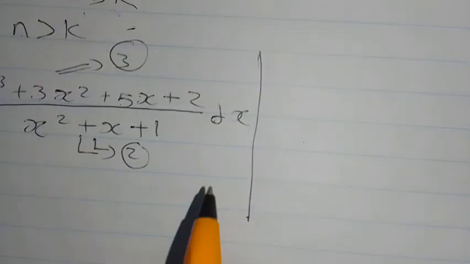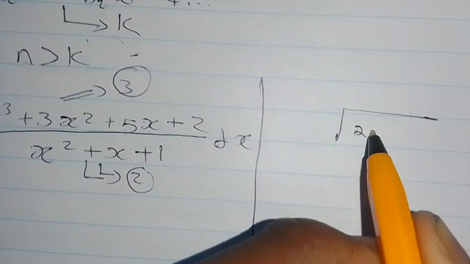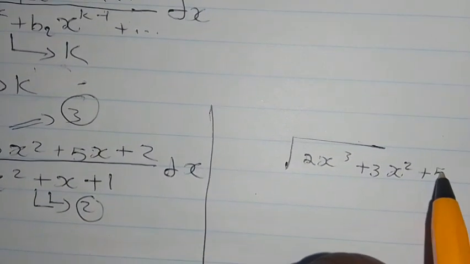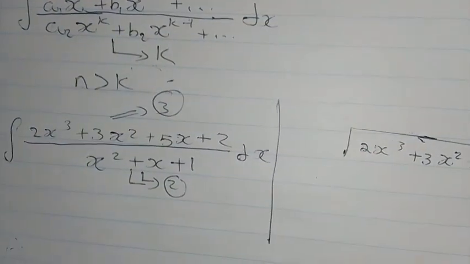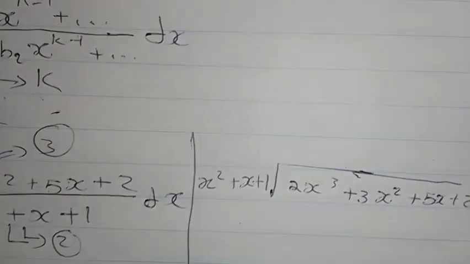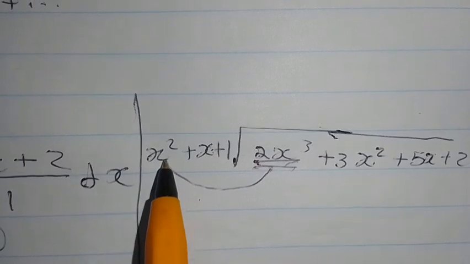So now I'm just going to do that on the side. So now you have 2x to the third plus 3x squared plus 5x plus 2, and we're dividing that by x squared plus x plus 1. So now what I'm going to do is take this term and divide it by x squared.